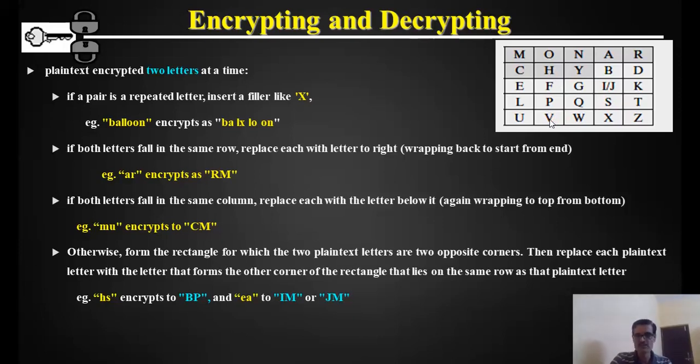Let me use a pen. H and S form a rectangle, or a square, depending on your alphabets. In this particular row, the coinciding letter for H is B. For S, in the reverse direction, it is P. So you have to replace them by B and P.